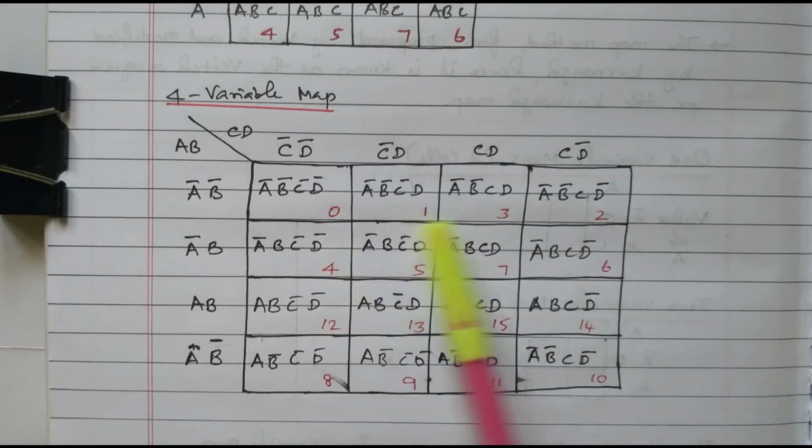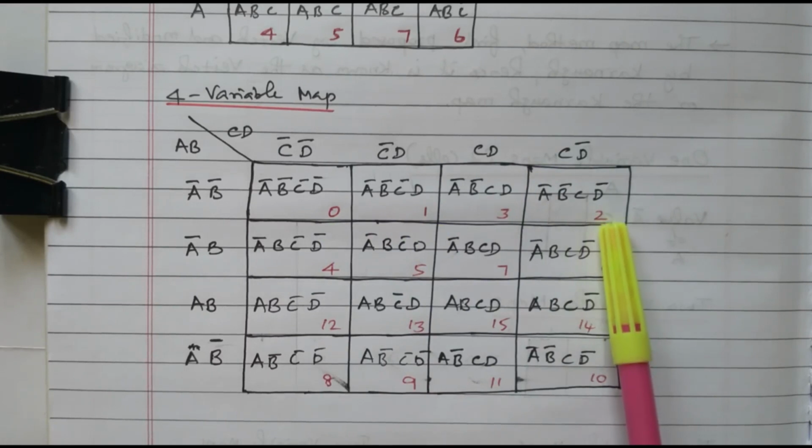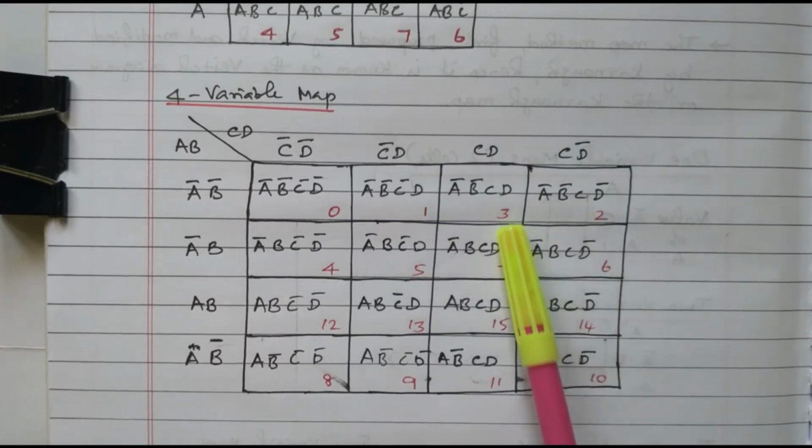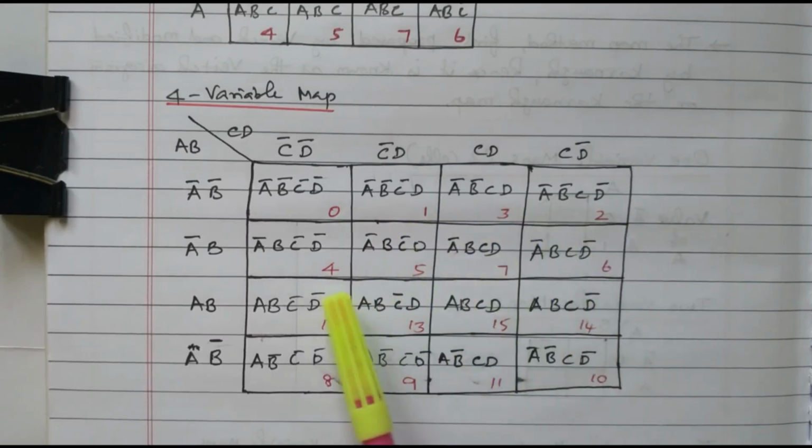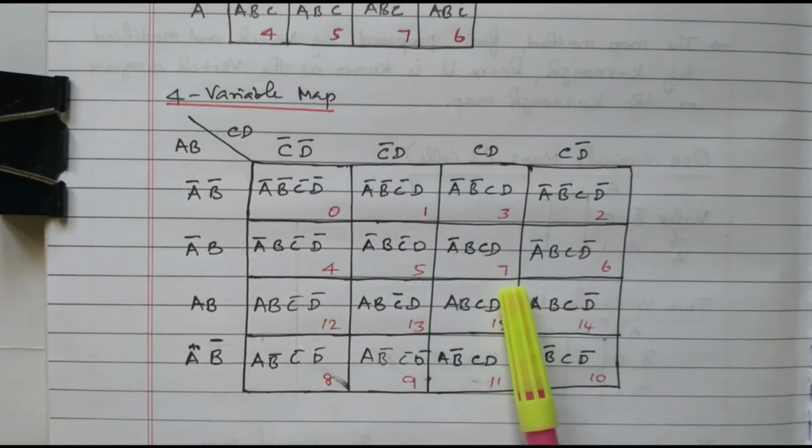We'll see the min terms. 0, 1, then 2 is available in the fourth column, 3 is available in the third column. There is an interchange: 0 1, 2 3. Similarly, 4 5, 6 7.